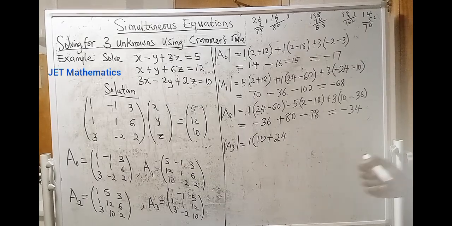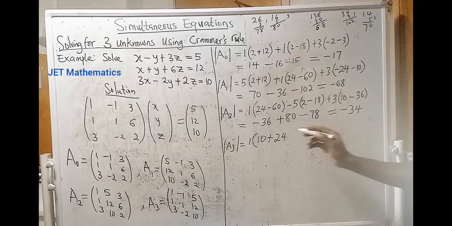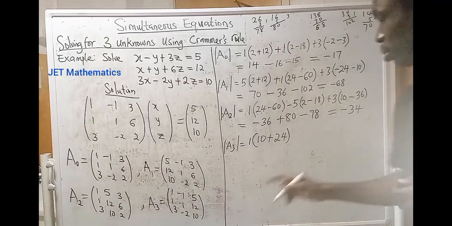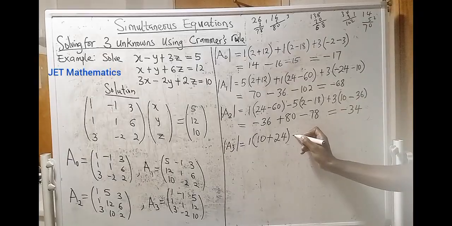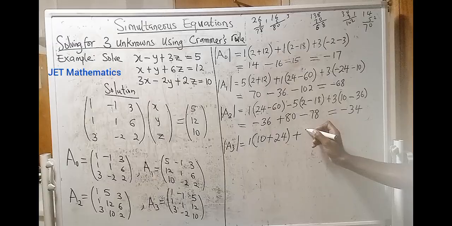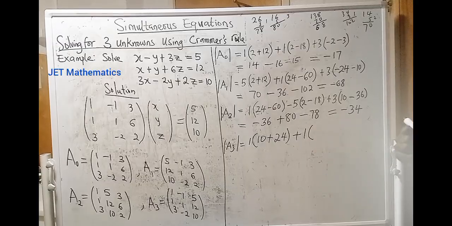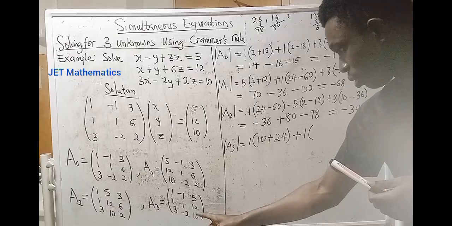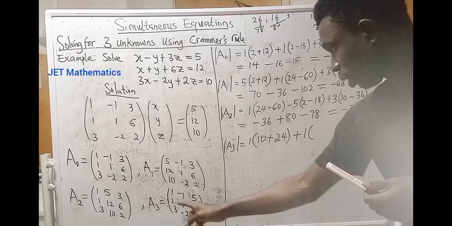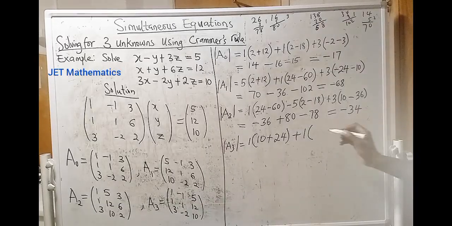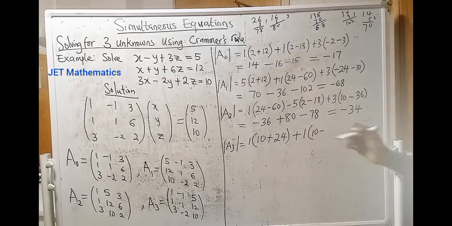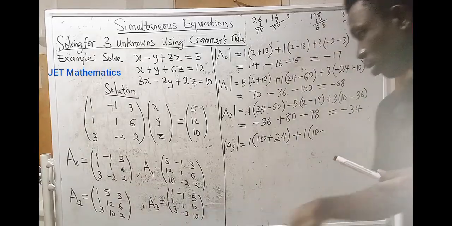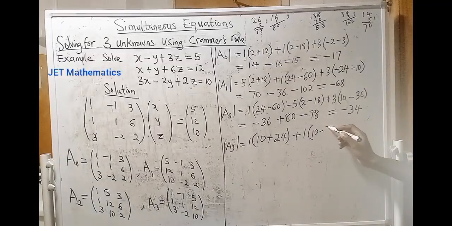So that changes to plus 24. Okay. Then the next element here is minus, with the original minus that will follow, that becomes plus 1. And then we have 10 times 1, 10, minus, then we have 3 times 12 is 36, I think.